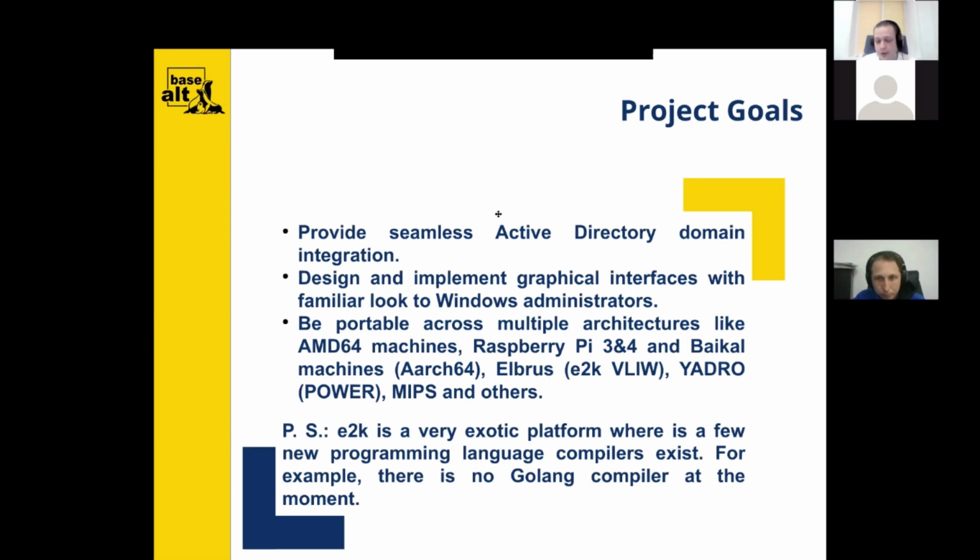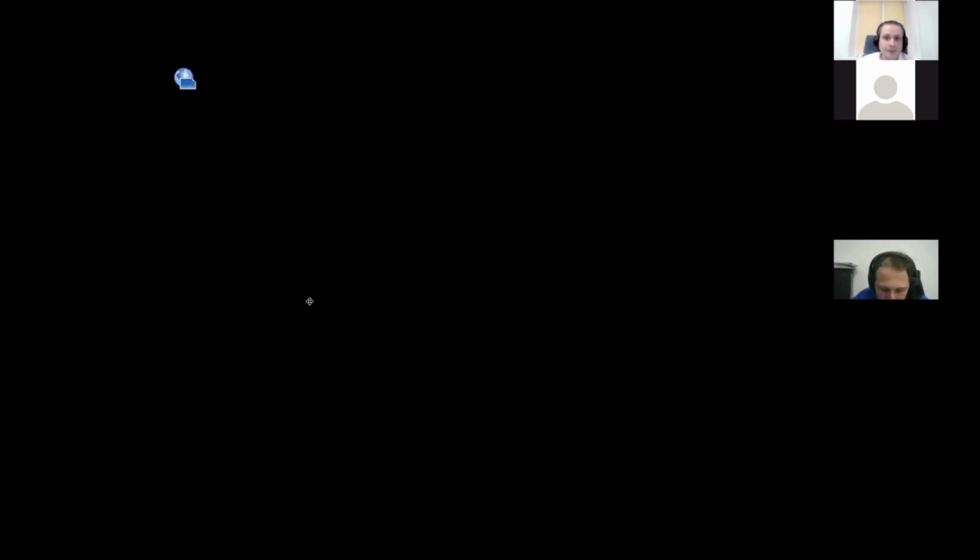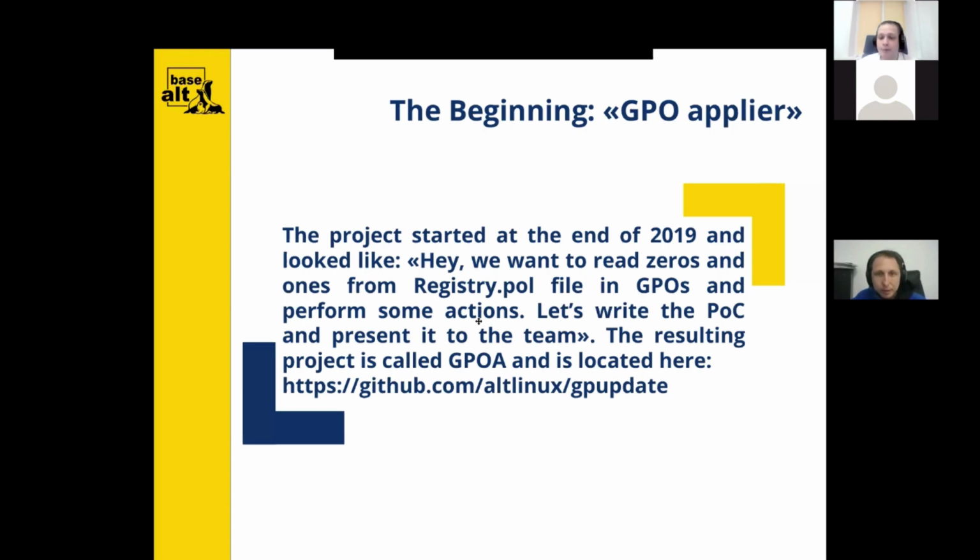We use PowerPC machines made by Yadro company, and we are even using Raspberry Pi machines, models 3 and 4. All kinds of machines are running Samba and trying to integrate with Active Directory. We were able to implement the working applier in about 3 months.